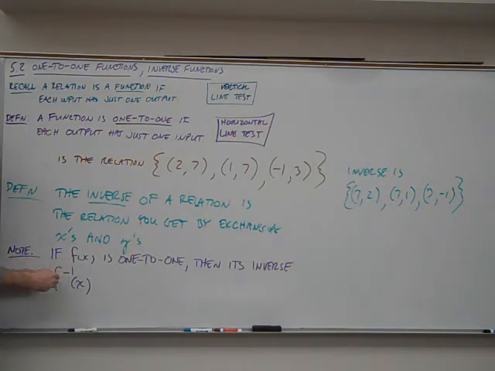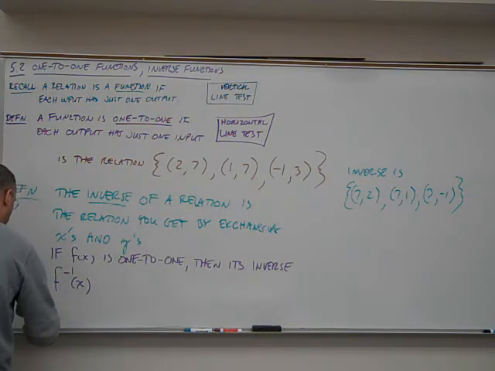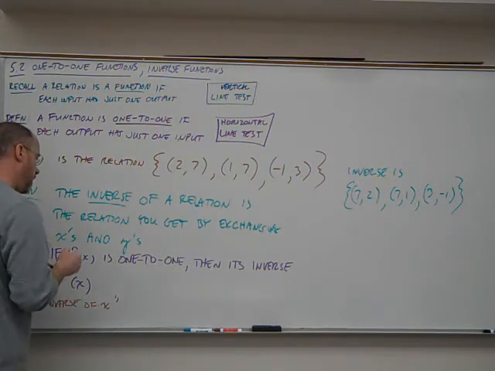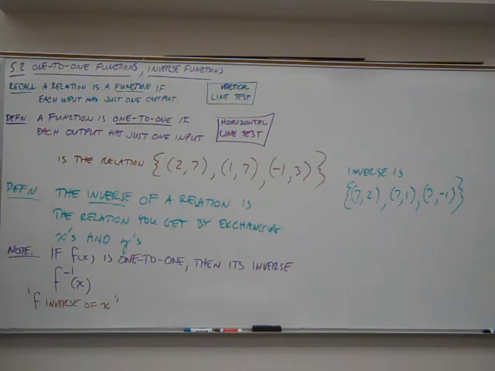This -1 here looks for all the world like an exponent, but it's not really an exponent. It's just notation that means inverse. So read this, f inverse of x. If f of x is one-to-one, then its inverse, f inverse of x, will be a function.